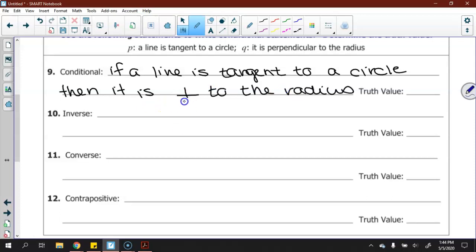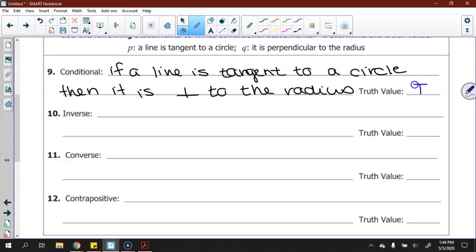Do you guys remember that this sign is perpendicular? The upside down T. Yeah. Okay. All right, so this is true because it's the definition of a tangent line to a circle.